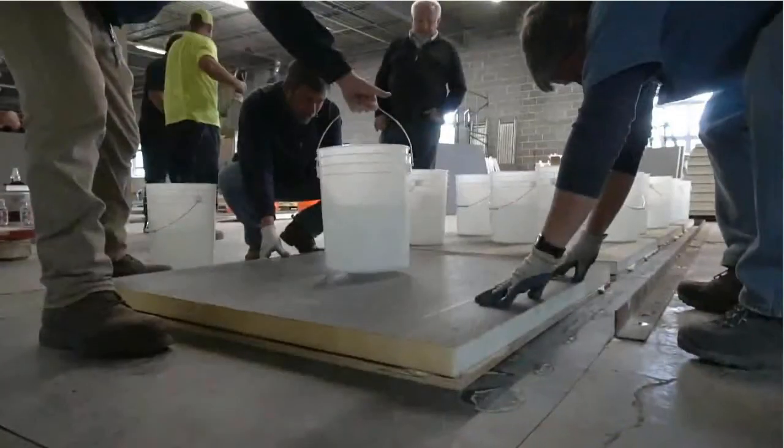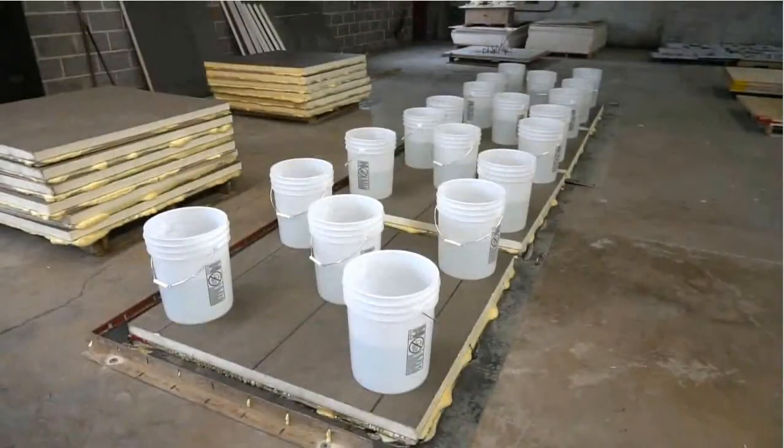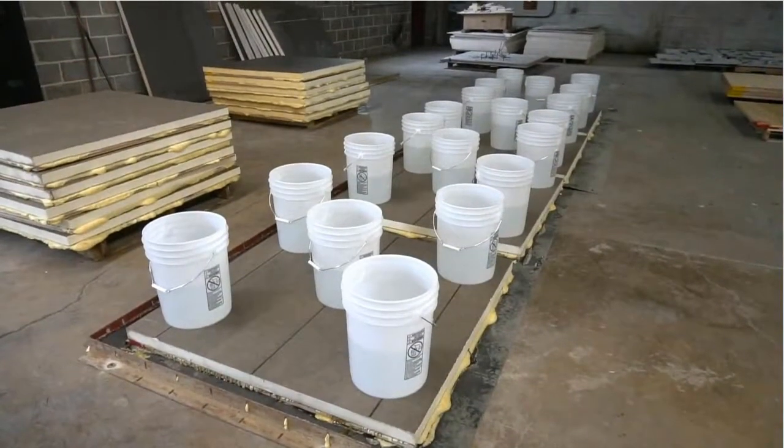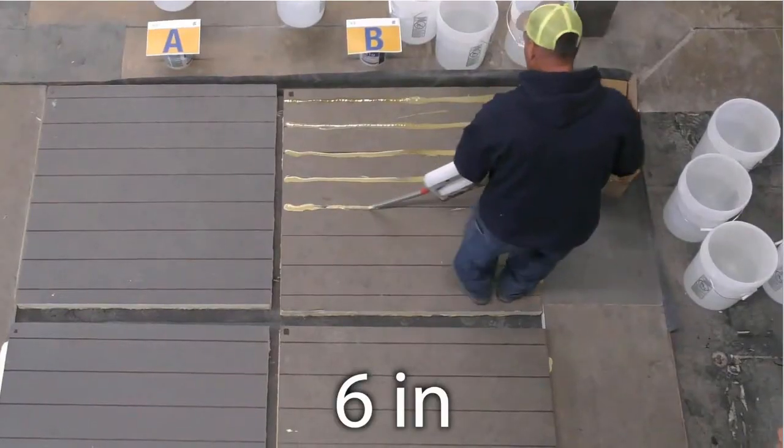The adhesive was put on at a rate that would basically give us full coverage of adhesive for the boards to be set into, and then over that, weighted buckets were placed to embed the insulation boards into that adhesive. After the initial foam rise, then we would place the boards together. Here's a video of that.